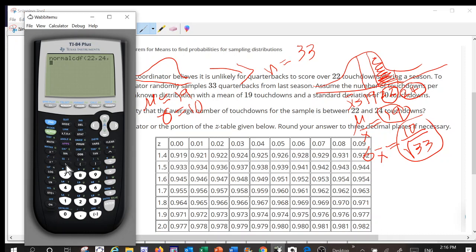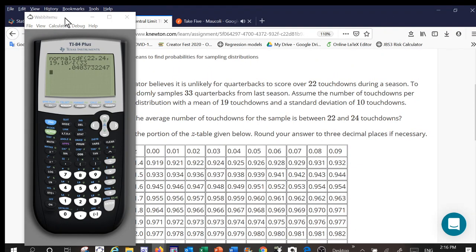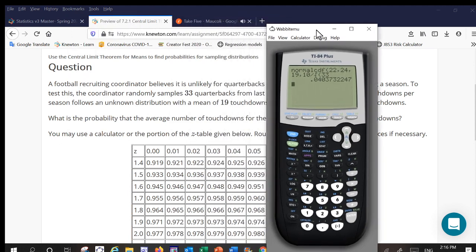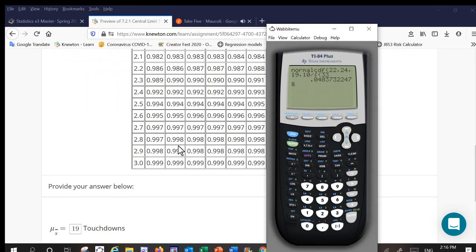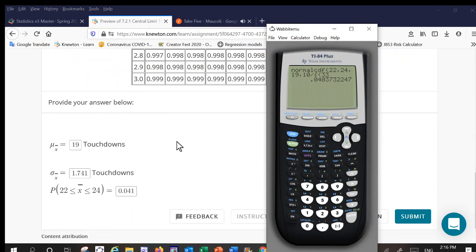So we put 19 here, comma 10 divided by square root of 33. There. The answer should be something close to 0.04.